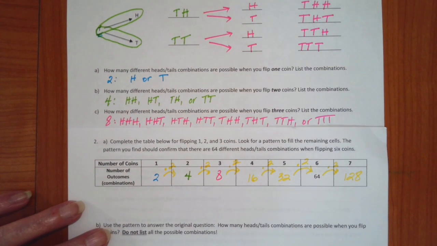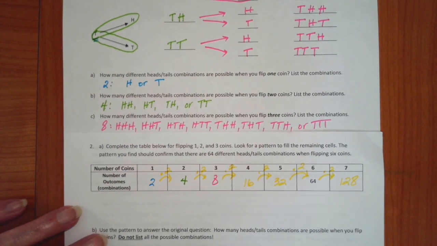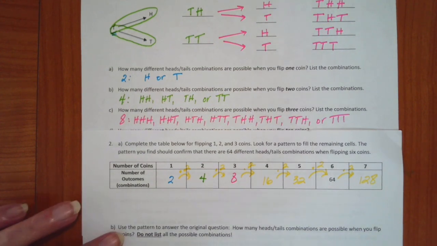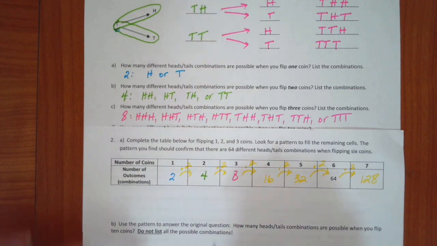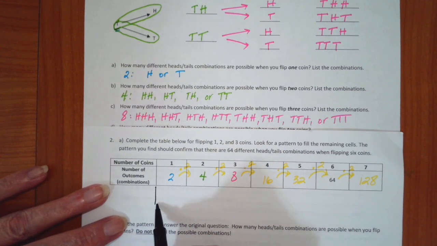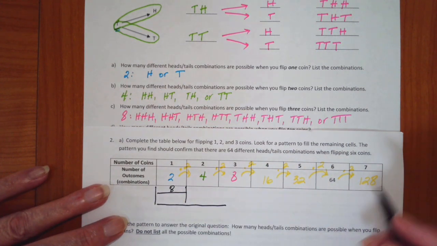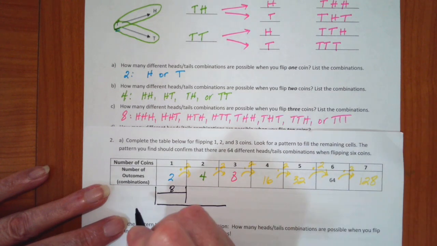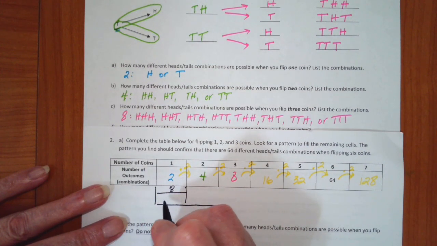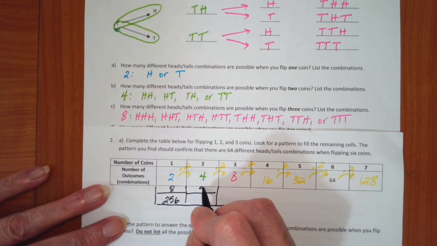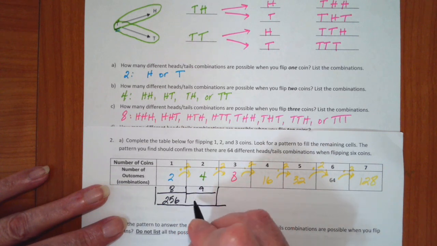Now I could continue with this pattern to find out, continue the table and say, all right, well, if I want to do 8 coins, I could expand the table if I had some room here, which I don't really, and wanted to find 8 coins, it would be 128 times 2, which is 256. 9 coins would be 256 times 2, which is 512.